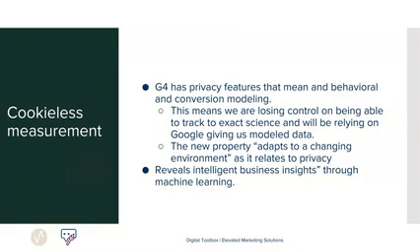I think it's important to understand that when you're making decisions, you are working on modeled data. The new type of property adapts to changing environments as it relates to privacy, and it will reveal intelligent business insights through machine learning. As it understands you better, it will adapt and get better as more traffic comes in.